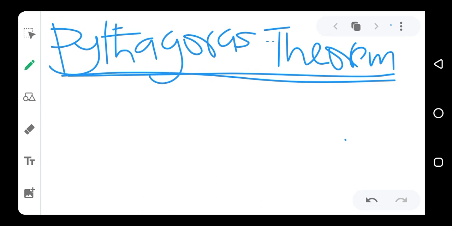In the other class, I told you that no matter how complicated or how complex the shape may look, you can break it down by trying to bring out all the right angled triangles inside the shape.